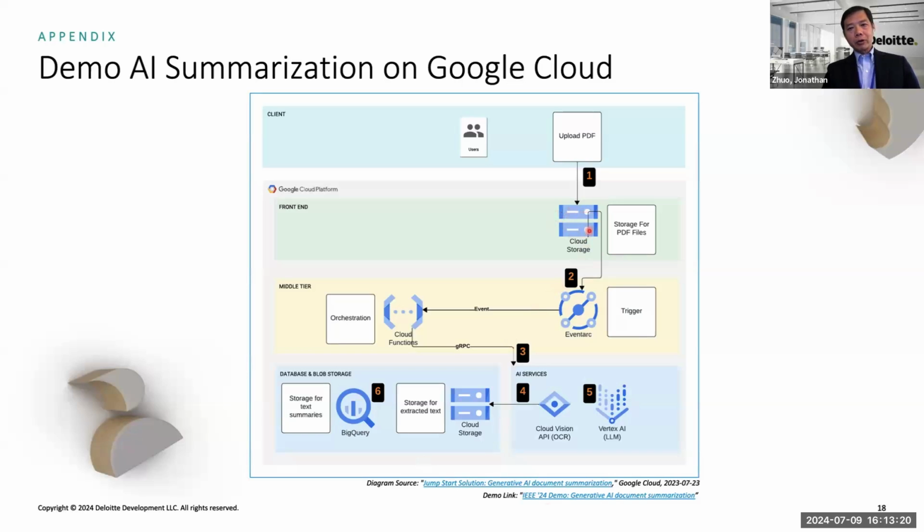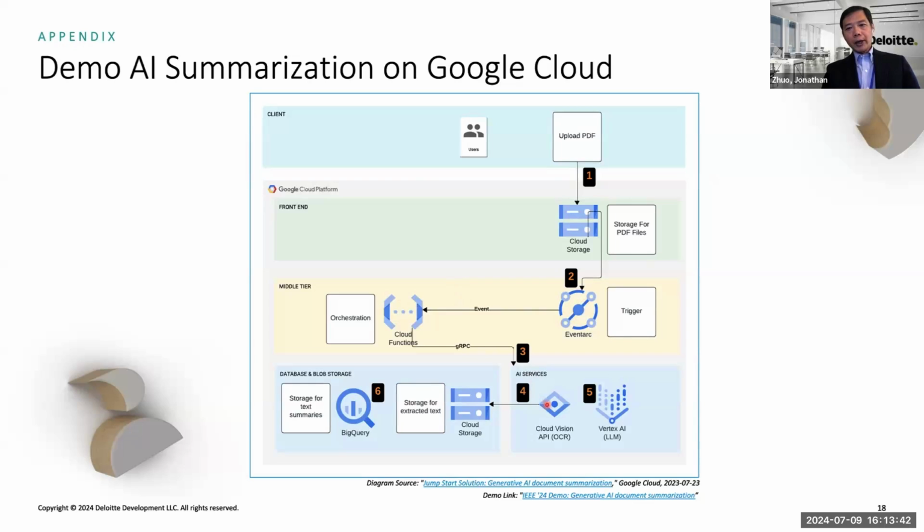And remember, Cloud Storage stores the PDF file documents and extracted text. And Eventarc watches for new documents in the Cloud Storage bucket and triggers an event in Cloud Function. And the Cloud Function orchestrates the document processing steps.